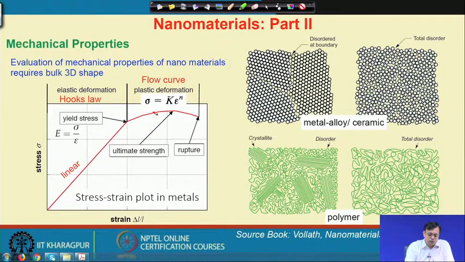It simply means if I stop the test here and unload it, the sample after unloading will show this permanent deformation, okay. And the elastic recovery will take place. So, this is a permanent deformation or permanent strain in the material.